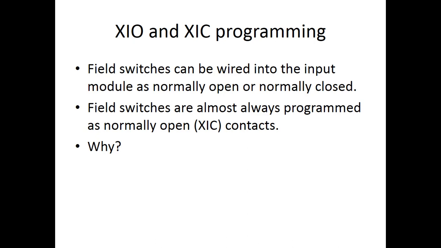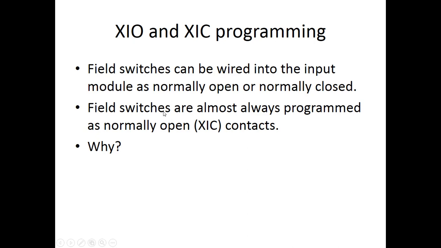Field devices can be wired into the input module as normally open or closed. Certainly, a push button could be wired normally open or normally closed into the module. There are open and closed auxiliary contacts on some starters, and the heaters can open or close contacts.